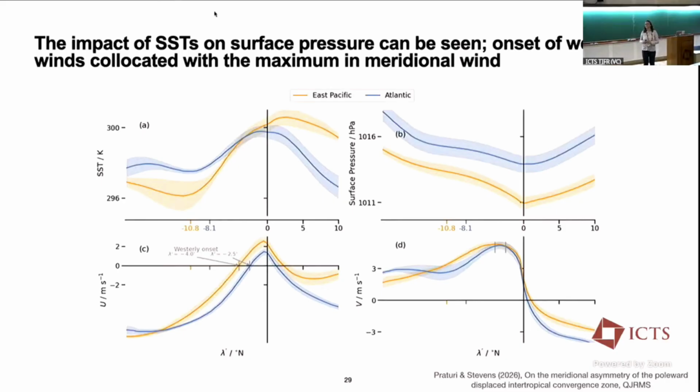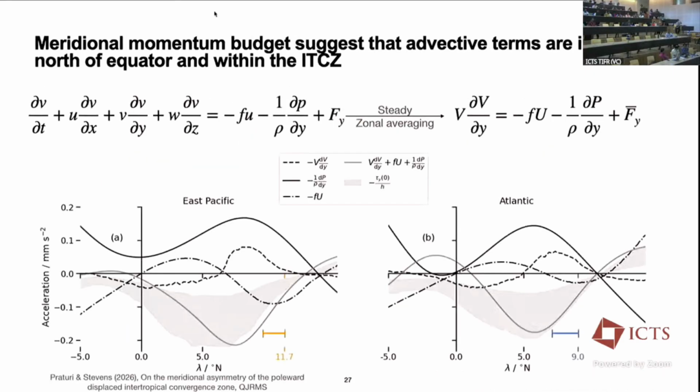Thank you for the nice talk. I have a question about the meridional momentum budget you showed. I noticed that in this figure, the surface friction terms have a very large spread. What caused this spread?